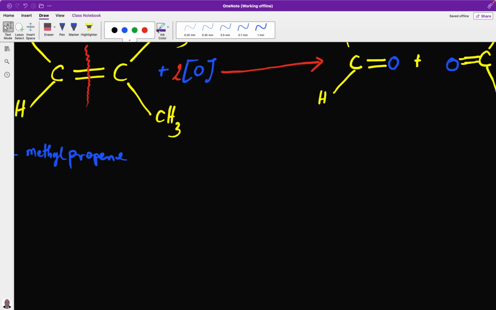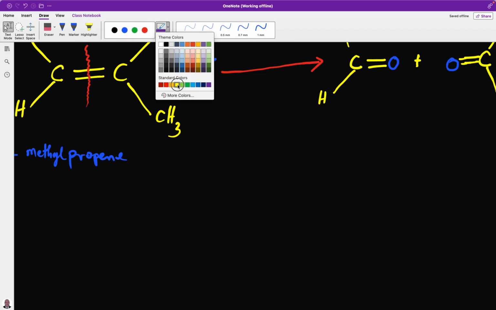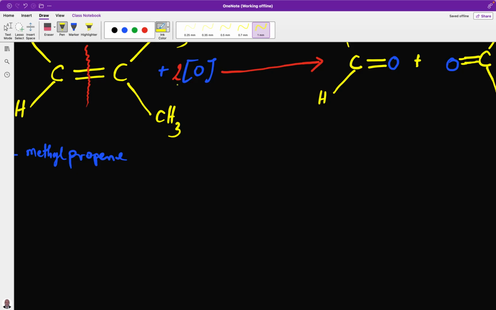This is the molecule. You will have this. That is the molecule, plus what? This is the molecule. It has to undergo further oxidation, and in that case, we need to add an oxygen atom to this molecule from the oxidizing agent.